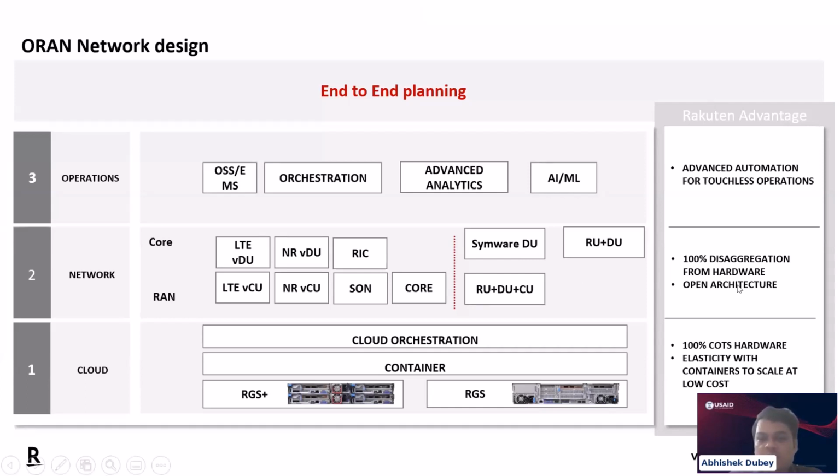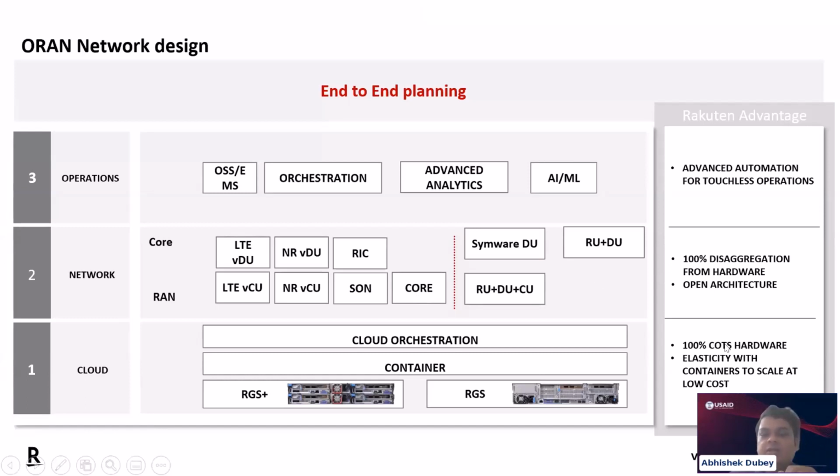What Rakuten advantage is there with the network functions? Our network function is 100% disaggregated from the hardware, so we don't bother which hardware you are going to deploy. We can host our workloads, our eNode Bs, DU, CU, RIC, SON, core, anything on any hardware.